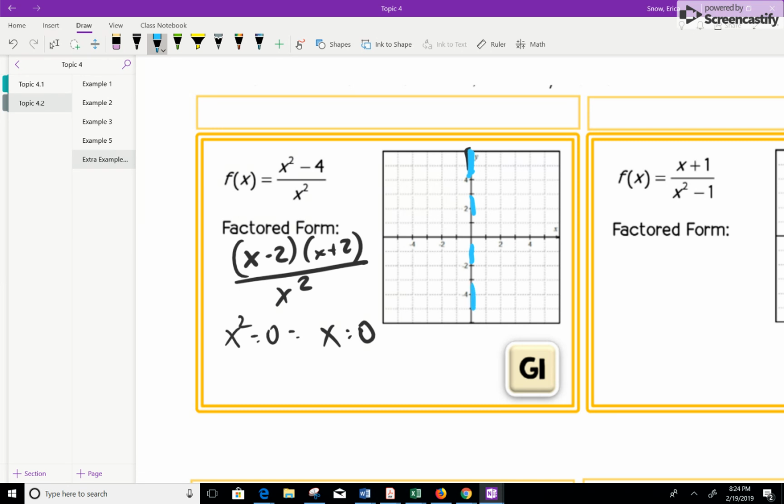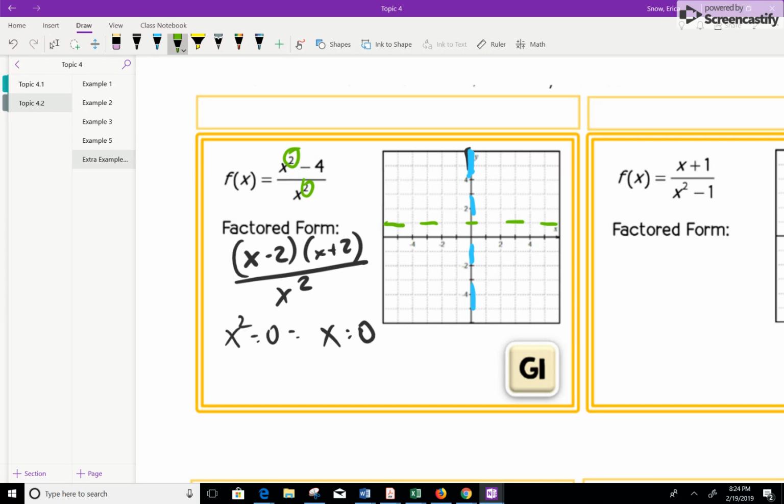Then our horizontal asymptote: our x squareds are the same, and so it's just 1 over 1, or 1. So we graph. Here's our asymptote.